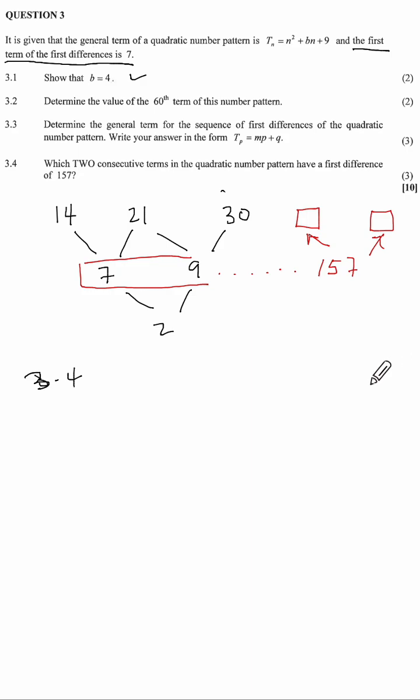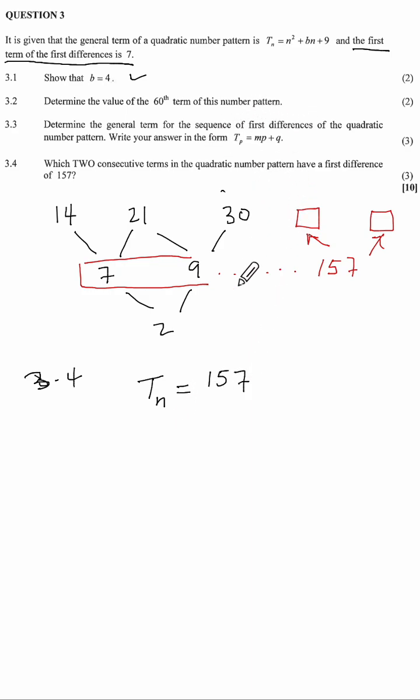That's essentially the question I'm trying to find here. So I want to know Tn is equal to, I know that Tn is equal to 157. I just want to find what n is. But I don't need to use n, it's just that I'm used to n.